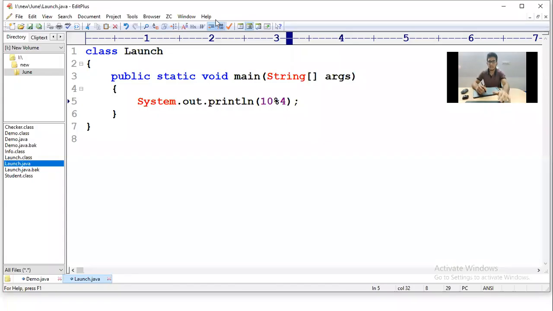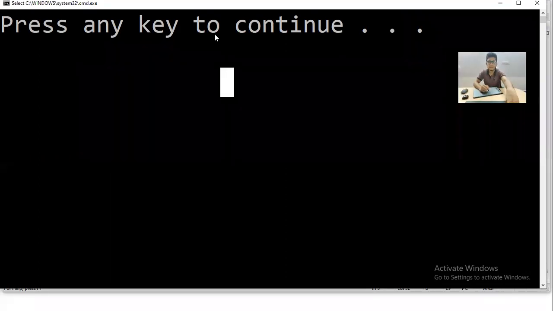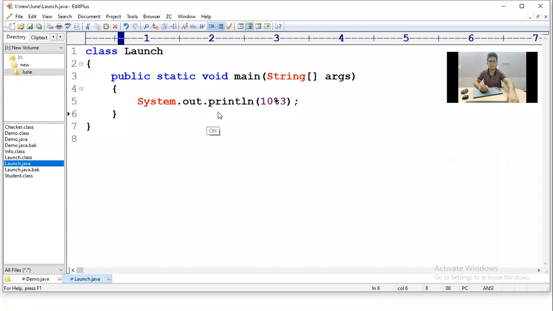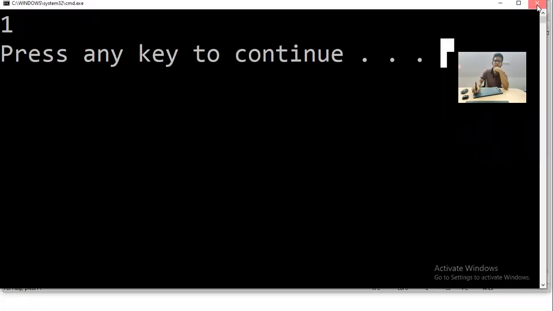So 10 mod 3, the answer will be 1. Let's see. See, the answer is 1.